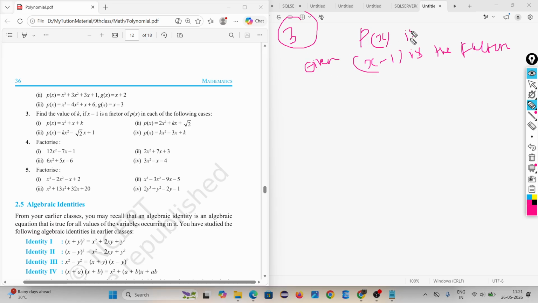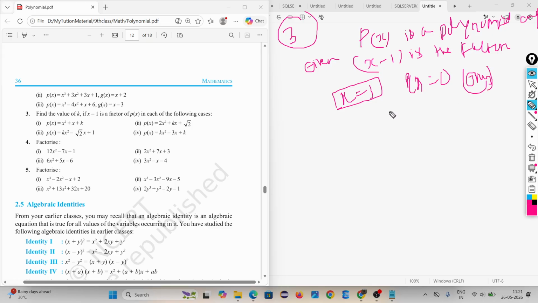That means x equals plus 1. That means p of 1 equals 0. This is given.